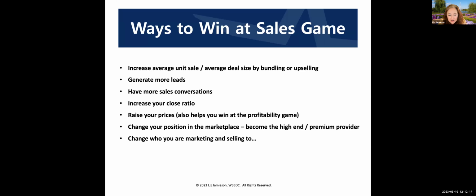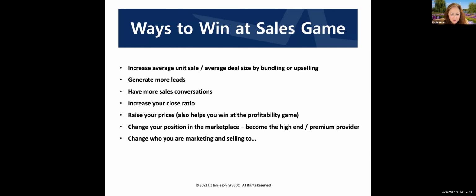You could change your position in the market. You could say, oh, I've been kind of a mid-level provider in my space, or maybe I've been a low price provider and I'm competing on price. I could actually shift and say, oh, I'm going to now offer a premium version of my product or service, and I'm going after the premium buyers who can afford the high-end stuff, right?